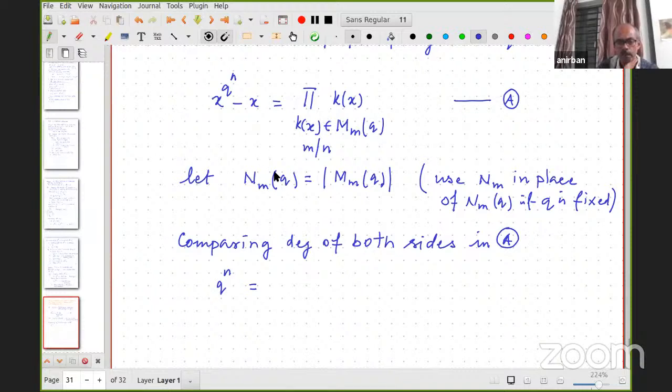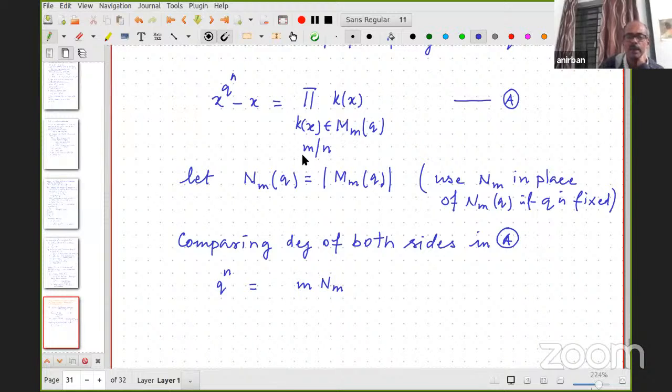The number of polynomials of degree m that we are multiplying is exactly the cardinality, so we are multiplying that many polynomials. So the degree is going to be multiplied by this m. So that's the number of factors of degree m. Each has degree m, and this is the number of factors. So that would be the degree of that part.